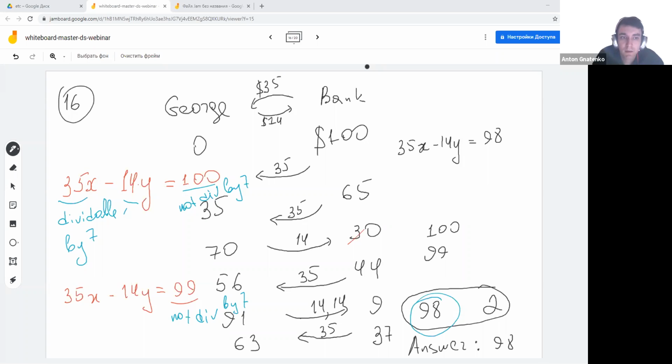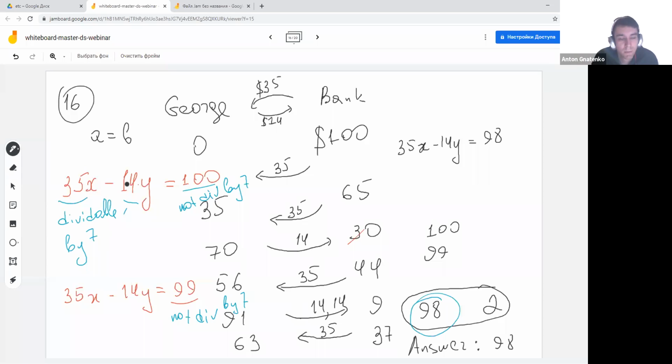If you have an equality A equals B, then if A is divisible by something, then B must also be divisible by this something. Here we have this term divisible by 7, 14 divisible by 7. Hence the sum must be divisible by 7.